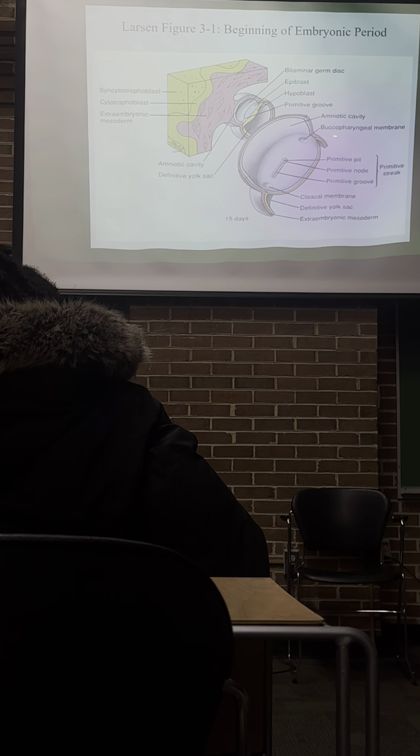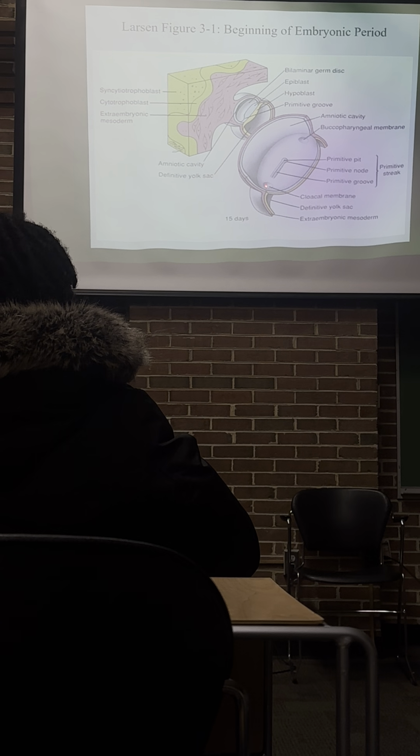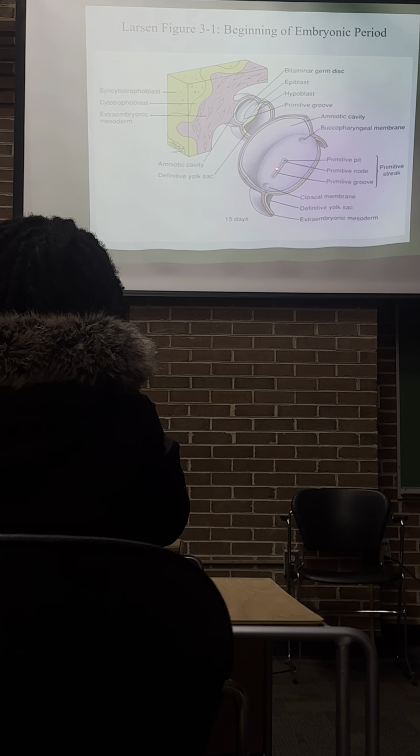You see these two membranes, the buccopharyngeal membrane and the cloacal membrane. We're going to talk about the development of intraembryonic mesoderm, which is going to develop along this streak and fill a potential space between the epiblast and the hypoblast.